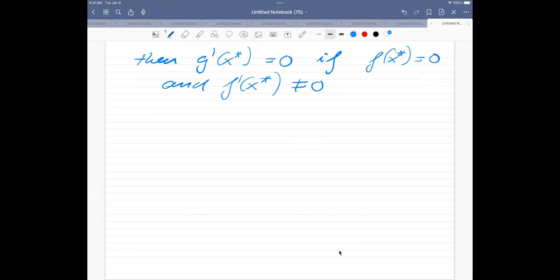Okay, so if we look at the second method, the thing is that for each iteration, Newton's method requires that we can calculate the derivative.